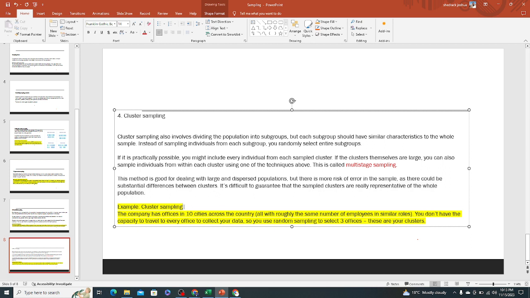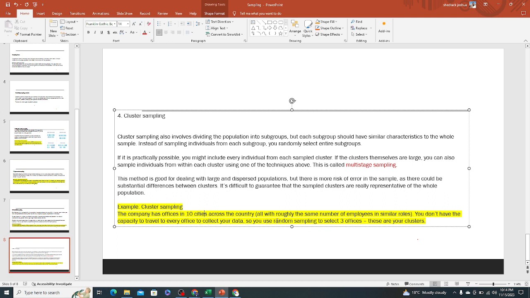Maybe an example might give us more meaning on this. Let's assume the company has offices in 10 cities across the country, all with roughly the same number of employees in similar roles. You don't have the capacity to travel to every office to collect your data.